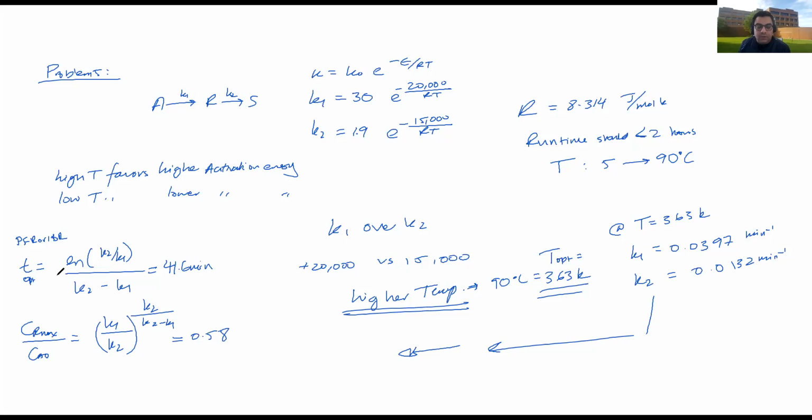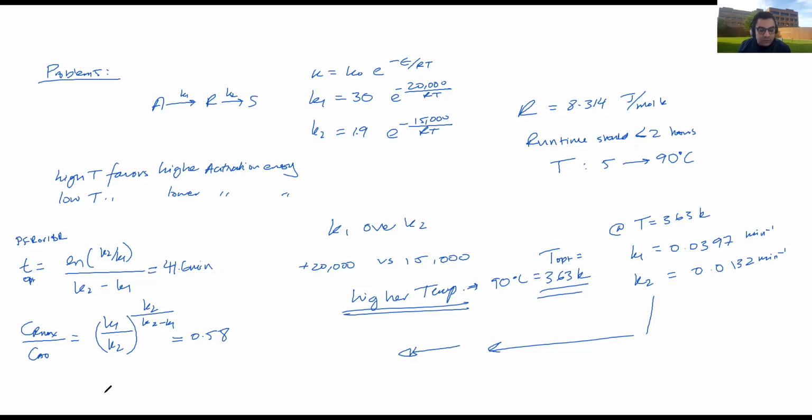So this is my optimum operating temperature. This is my optimum operating time, 41.6 minutes, and this is less than 2 hours. And this is my maximum ratio of CR max to CA naught, and then you can use this to get your conversion of A and conversion of R as well.